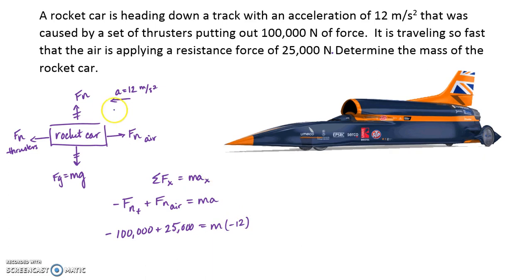Because again, the direction tells me my plus or minus sign. So now, all that's left is algebra. And now that I'm back from the magical algebraic computer, I have a mass equal to 6,250 kilograms. So that is the mass of this rocket car.